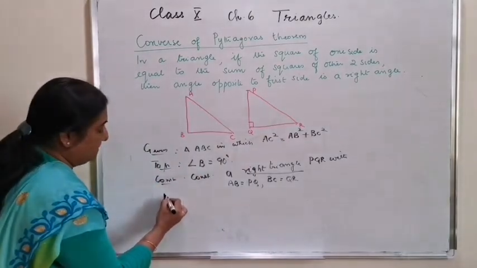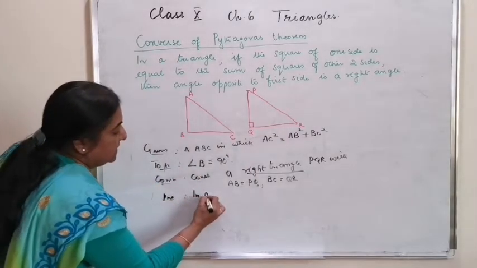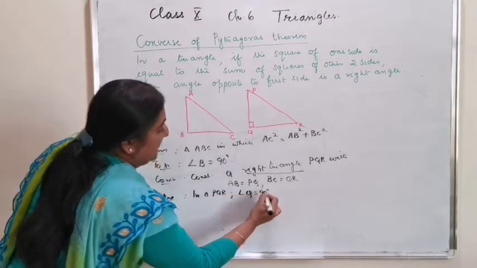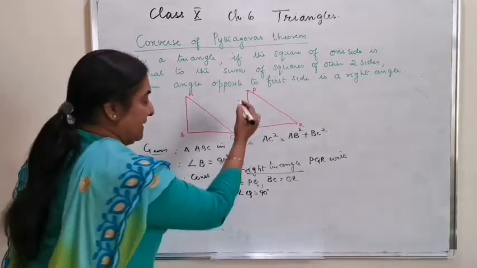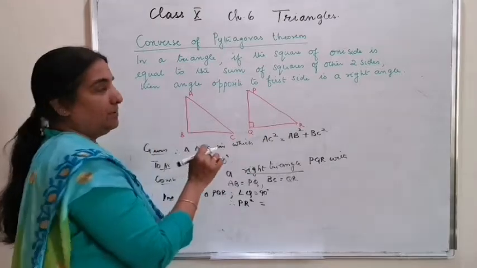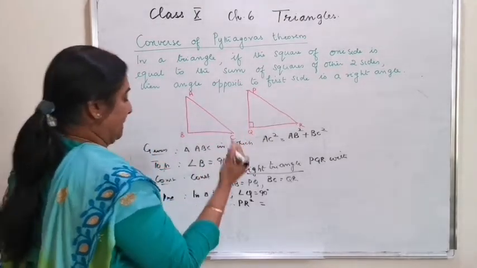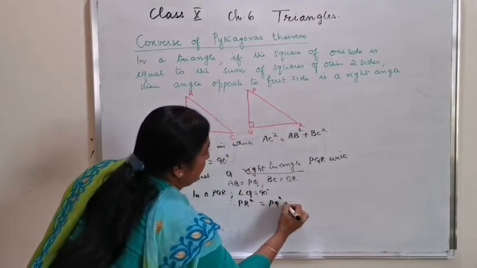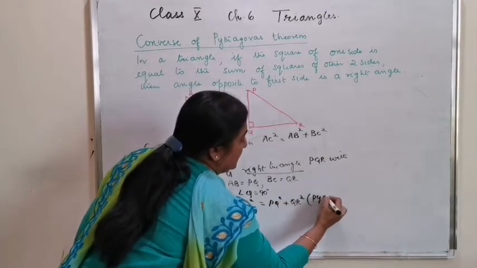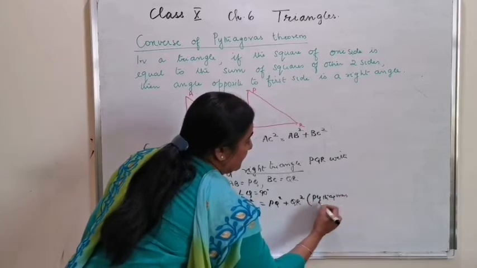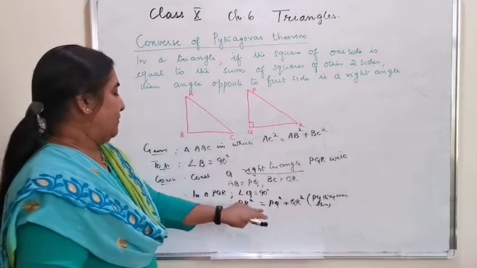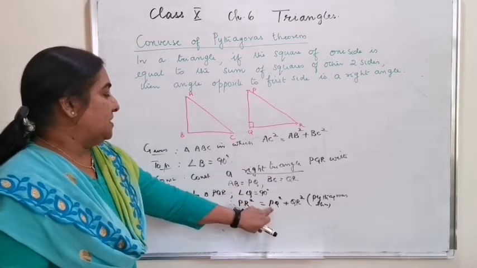Proof: in triangle PQR, angle Q is equal to 90 degrees. What will be Pythagoras theorem? Therefore, PR square is equal to PQ square plus QR square, by Pythagoras theorem. But what is the value of PQ?